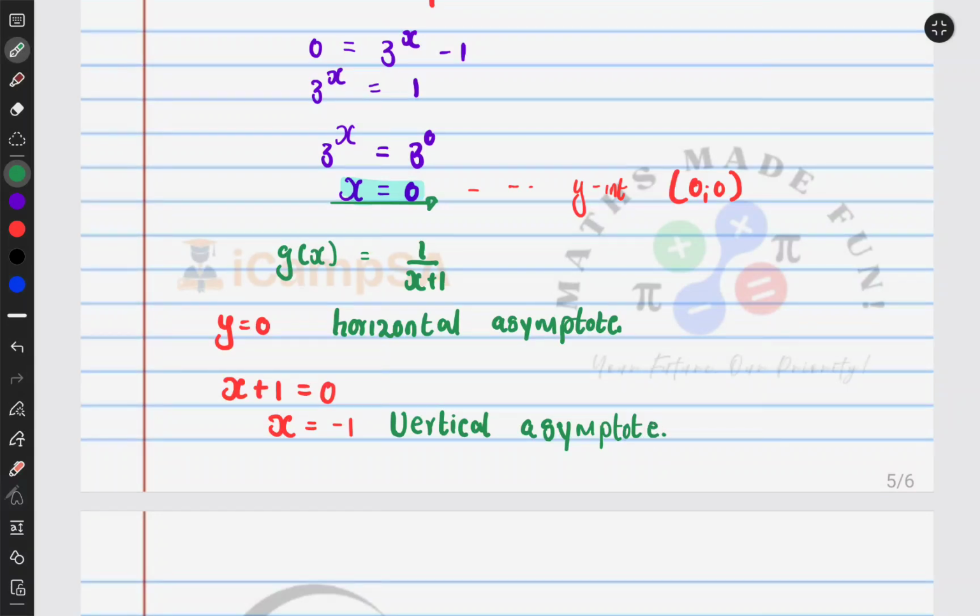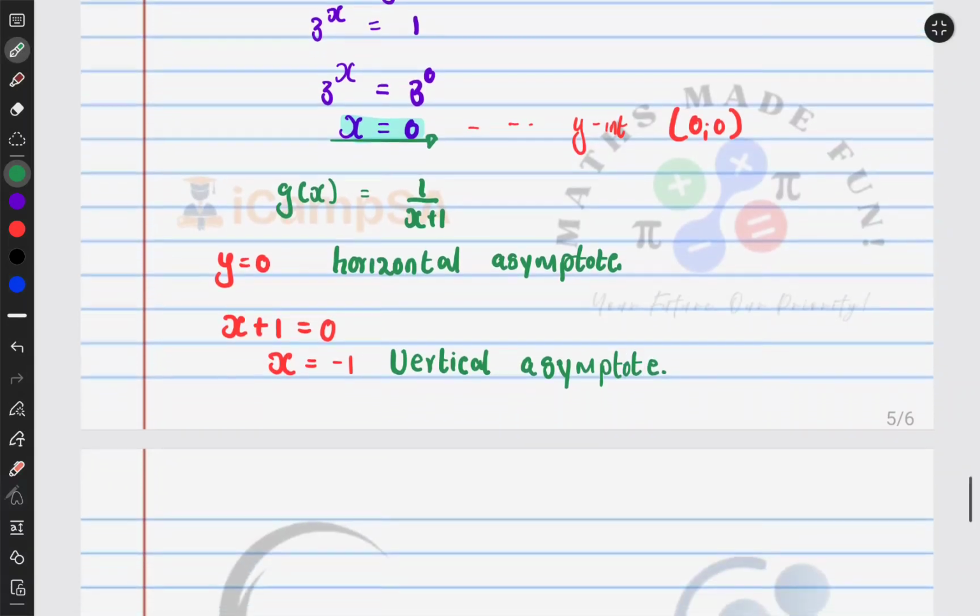Since this function has been shifted 1 unit to the left, therefore we're gonna have what now? An x-intercept, but not a y-intercept.